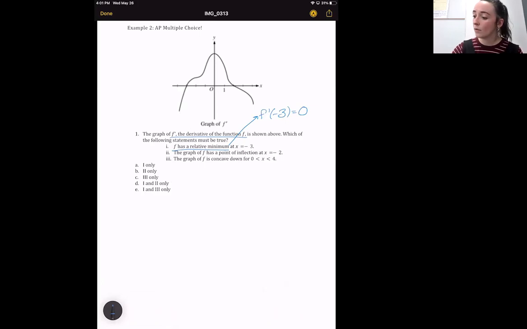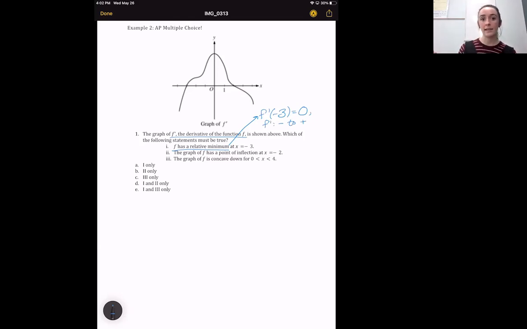And also, it has to change from negative to positive. The function f must go from decreasing to increasing for that to be a relative minimum. So our derivative needs to go from negative to positive. F prime must change from negative to positive.